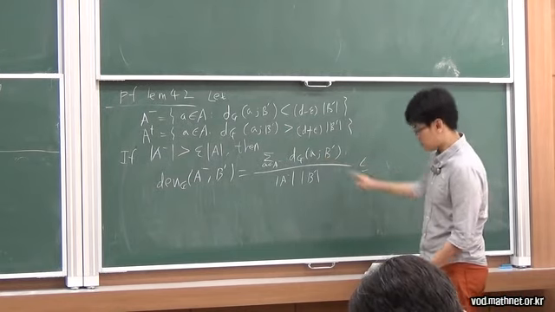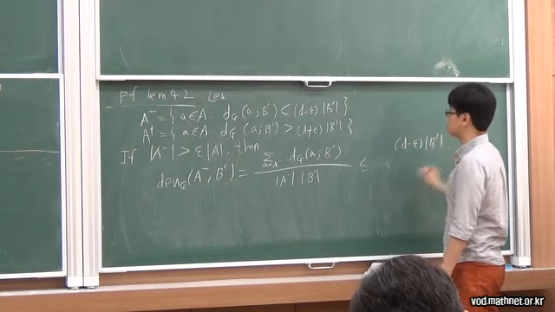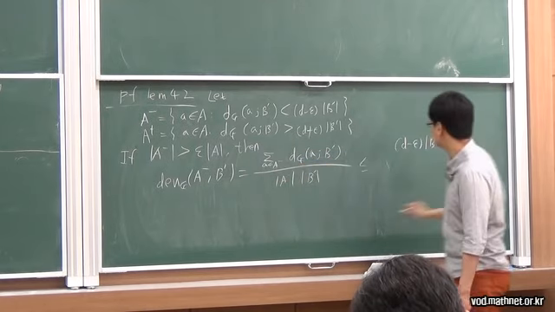All of these vertices have degree at most (d minus epsilon) times size of B prime into B prime, and there are size of A minus many of them.